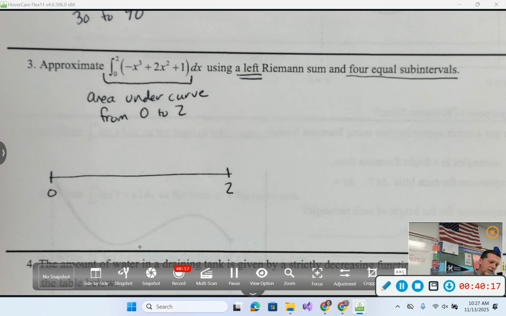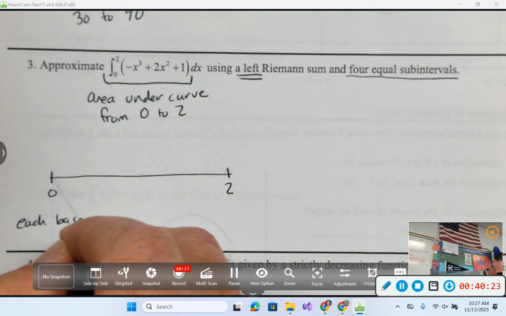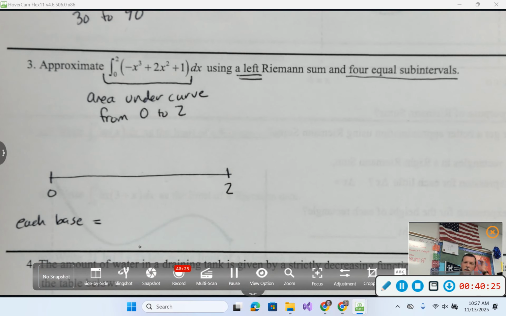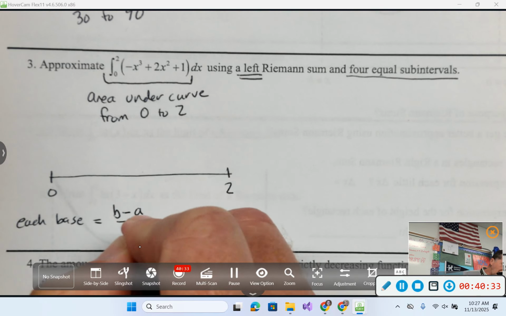So let's see. How much is each base going to be? Where did 1/2 come from? You're right. Divide 2 by 4. So it's b minus a over n.